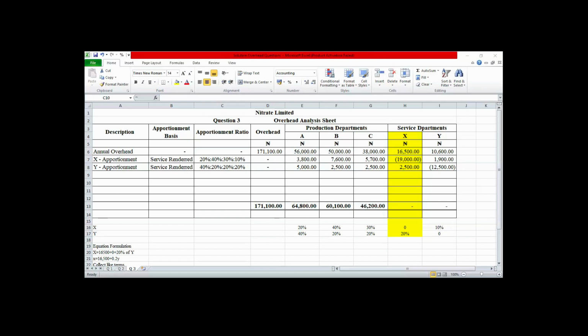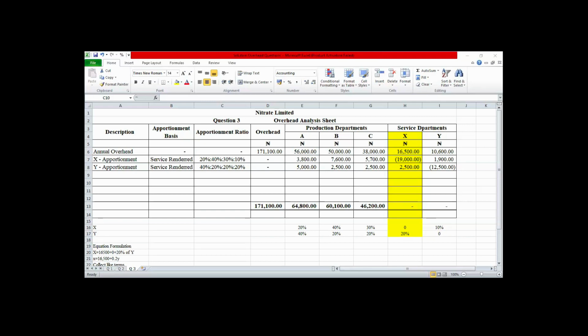This is the first step. After you got the information, you got what? Equation 1 and equation 2. The first thing to do is to make either X or Y the subject of the formula in the equation.